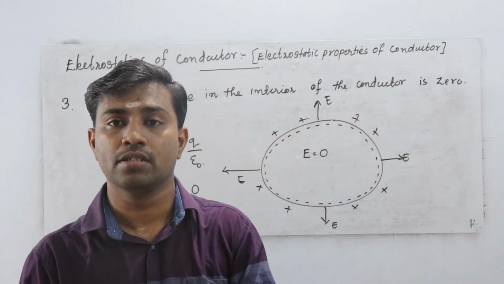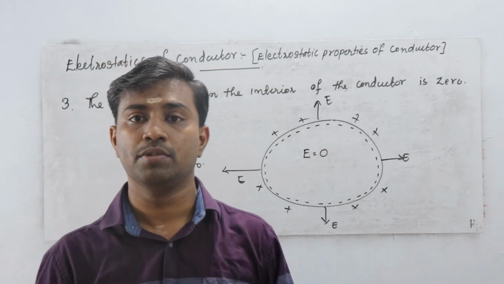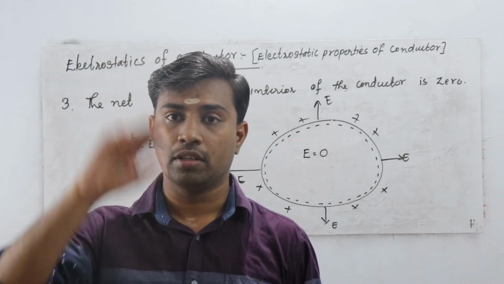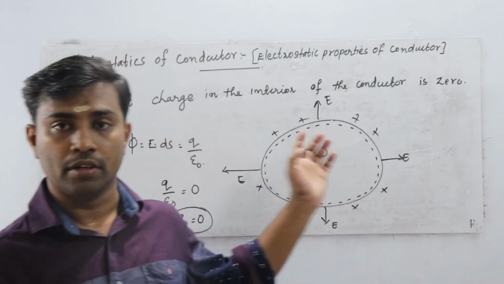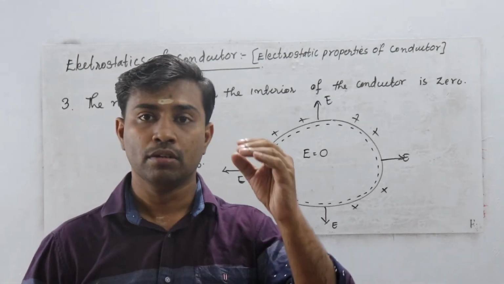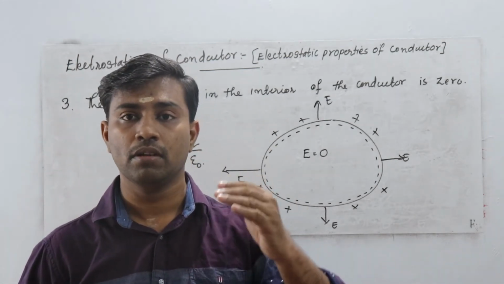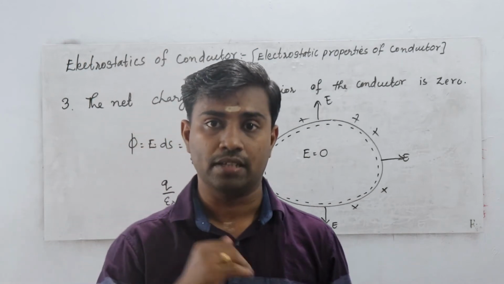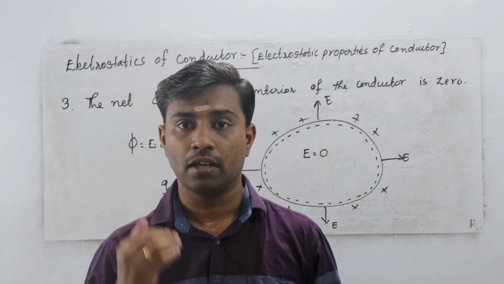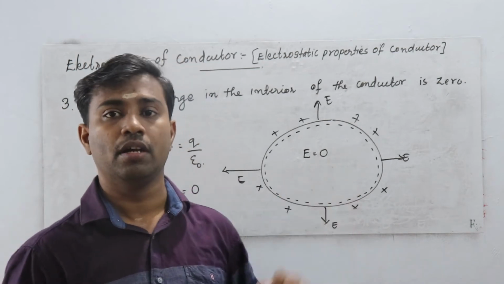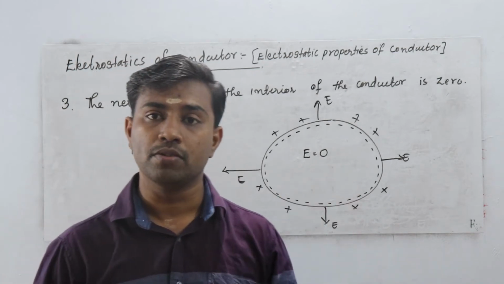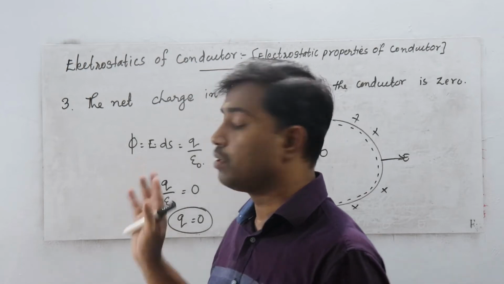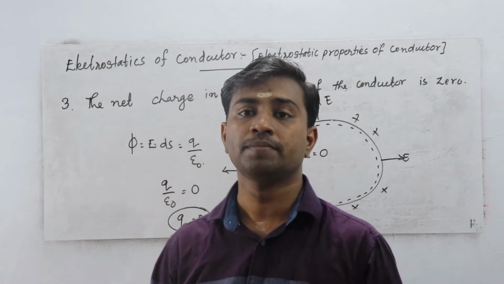Now just a Gaussian surface considered just below the surface of a conductor. Inside a conductor electric field is 0, so the flux is 0. Q by epsilon 0 is 0.